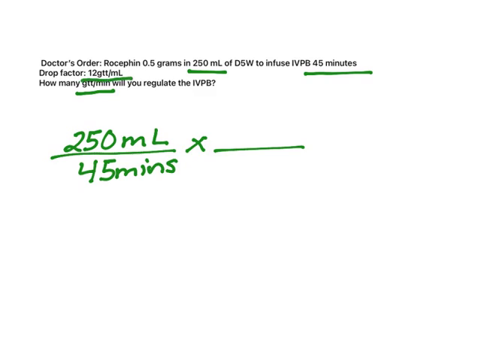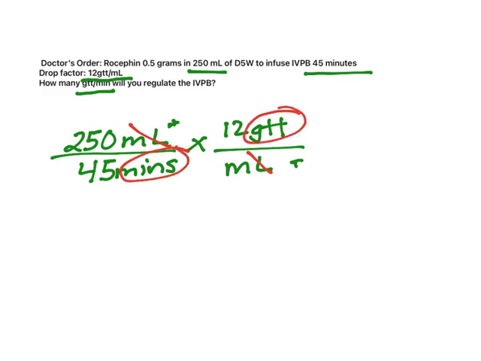We got an mL right there. If mLs is on the top, mLs need to go on the bottom. So we have 1 mL under, and 12 GTTs is going to go on the top. Our mLs are going to cancel out, and we're going to be left with GTTs per minute.